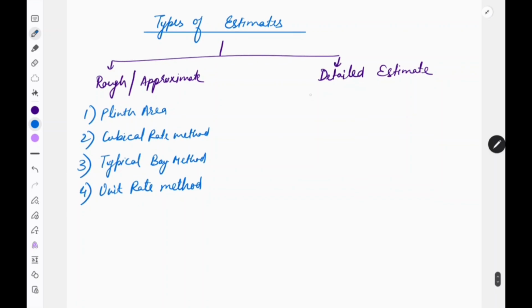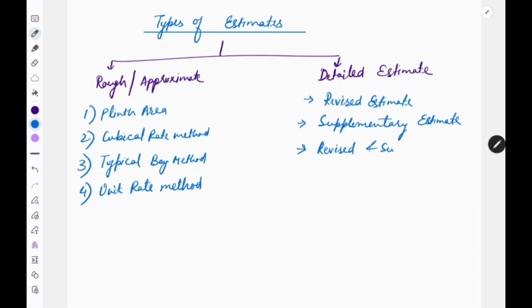And for detailed estimate, there are the revised estimate, the supplementary estimate, and annual repair and maintenance.